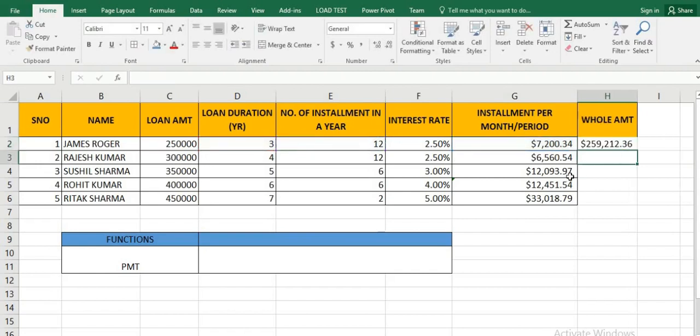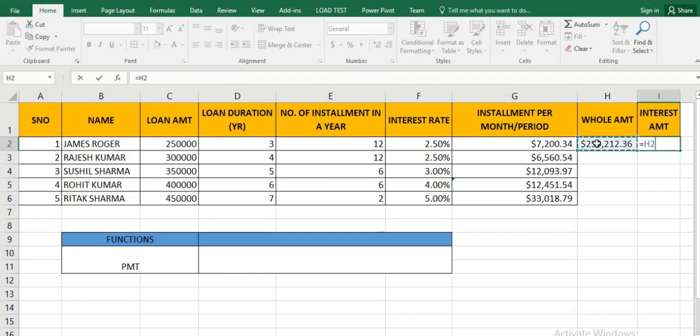So we pay 2,59,212. So how much interest did we pay? So we have to find out the interest amount we paid here. It is the whole amount we paid over the whole duration minus the actual amount we took. So here 9,212 interest we are giving.